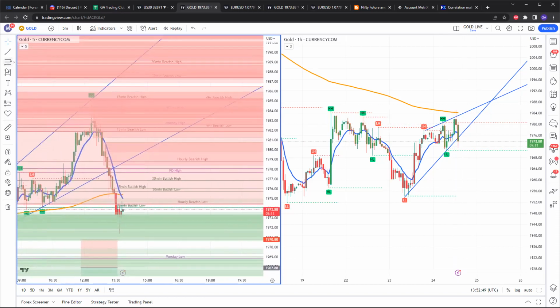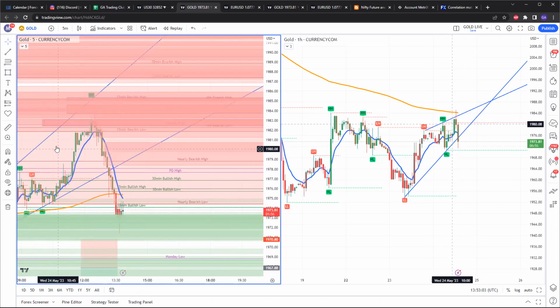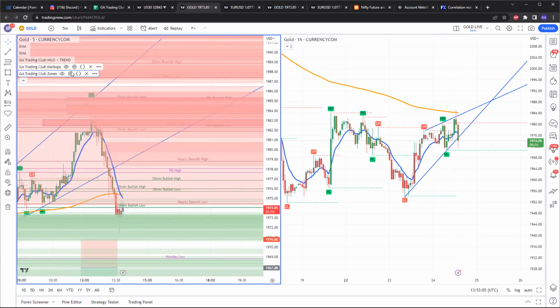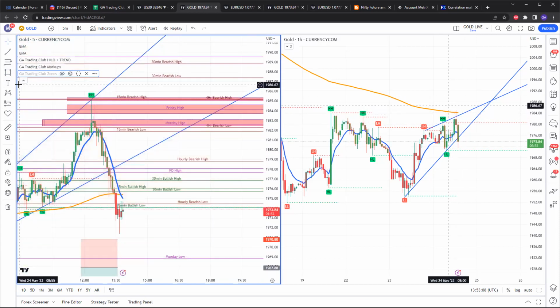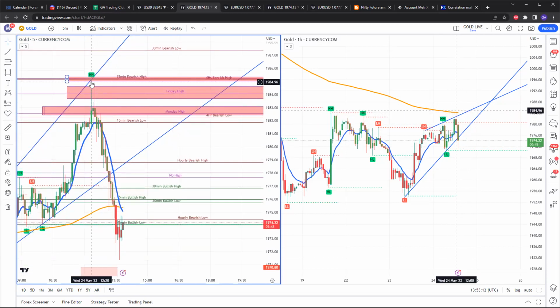And you can see automatically there was a supply zone within a supply zone here, and another supply zone within a supply zone down here and somewhere around here, because you're looking for the areas that overlap. So when I saw that, I can automatically see them, so it's easy for me to mark them up. So when I saw that, I waited. I didn't get filled in here.